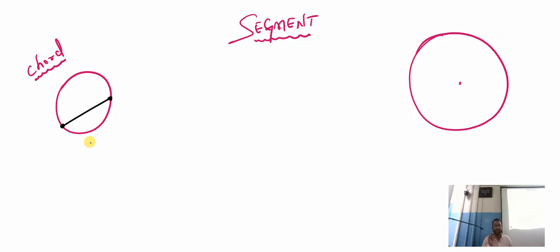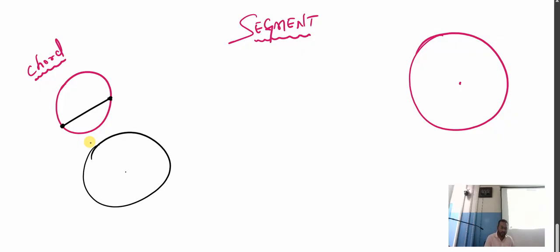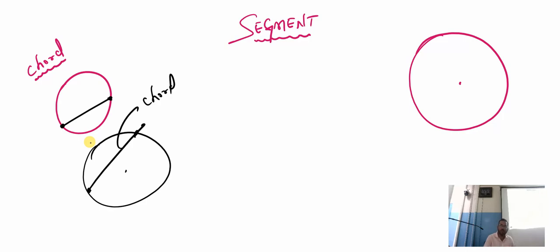So a chord is a line segment joining any 2 points on the circumference of a circle. Any doubts? Understood the meaning of chord?